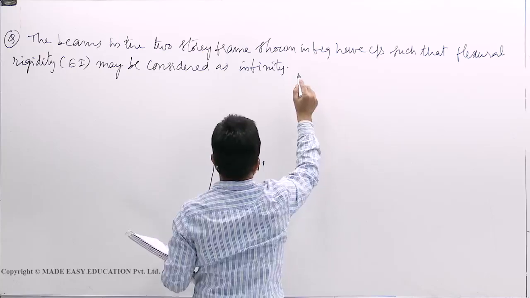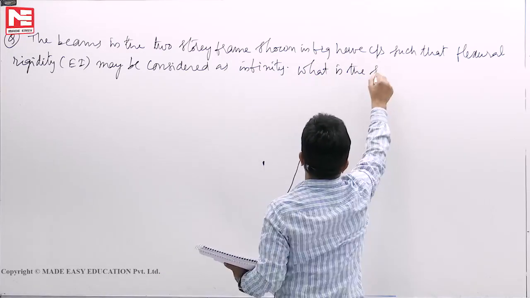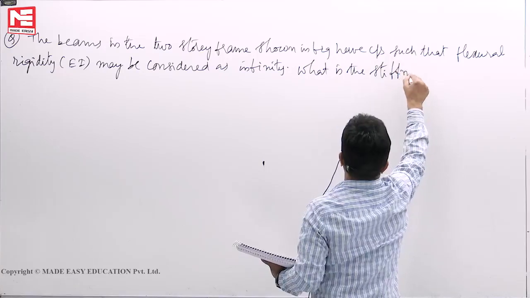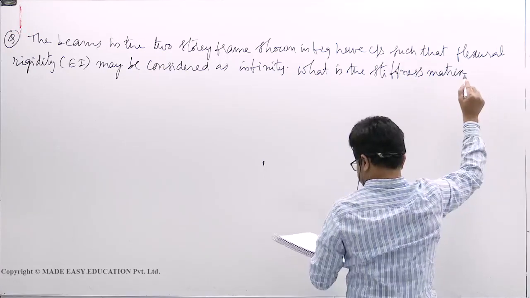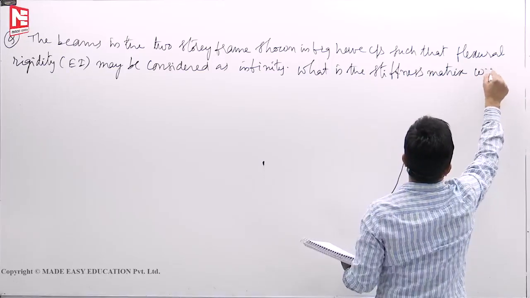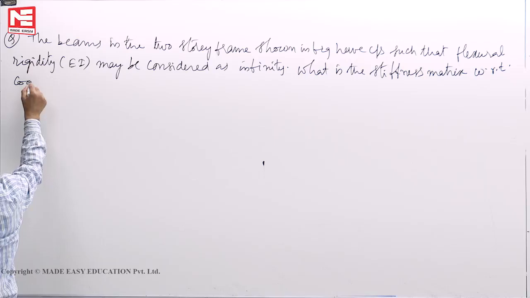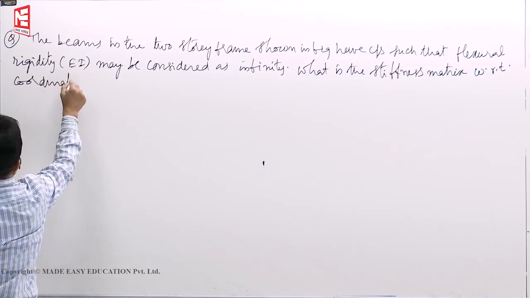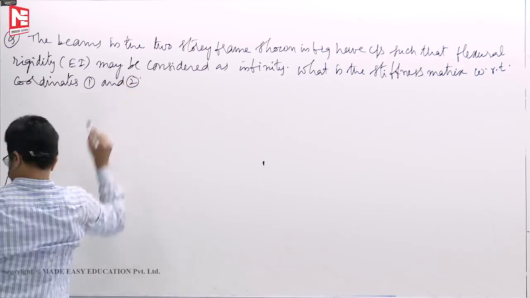What is the stiffness matrix with respect to coordinates 1 and 2?